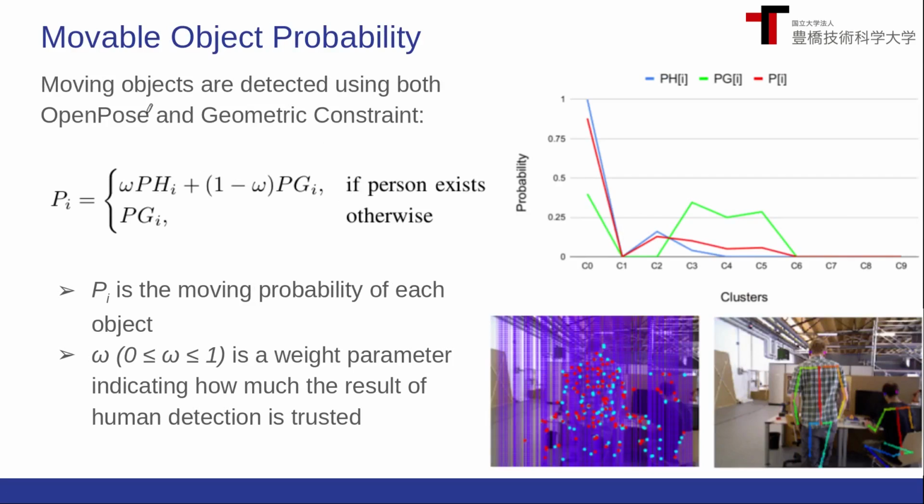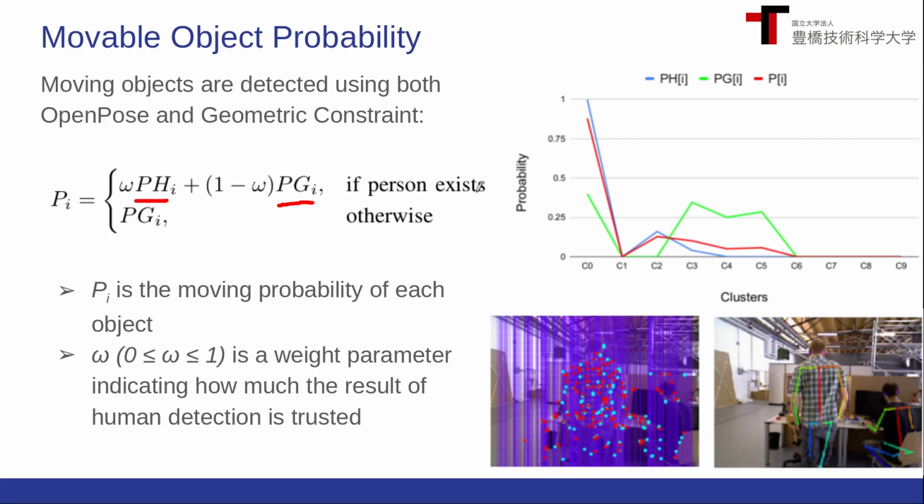The next is to judge the dynamic object. If a person exists in the current image, we use both the OpenPose probability and the geometric moving probability. Omega is a weight parameter indicating how much the result of human detection is trusted.